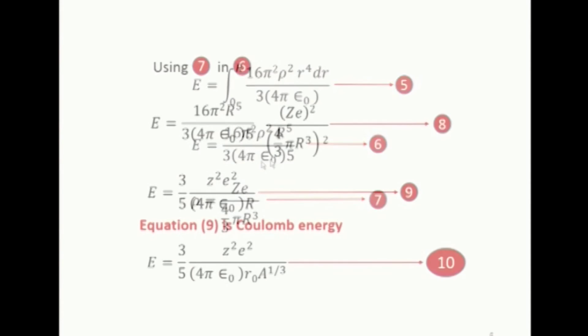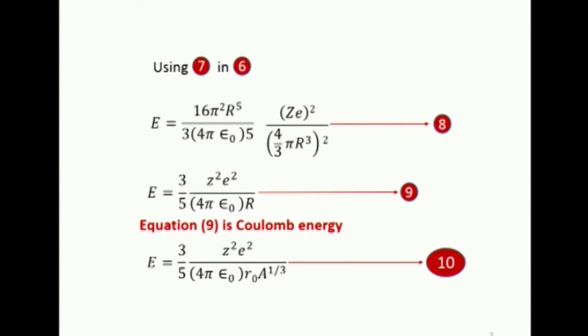We will just see. Using equation 7 in equation 6, we get 16 pi squared R to the power 5 by 3 into 4 pi epsilon 0 into 5, and for rho squared we substitute Z squared e squared over the volume squared.